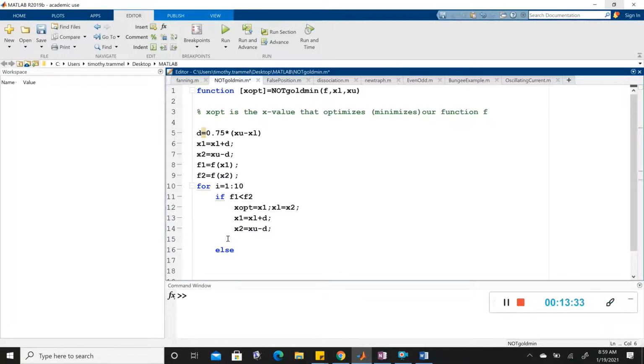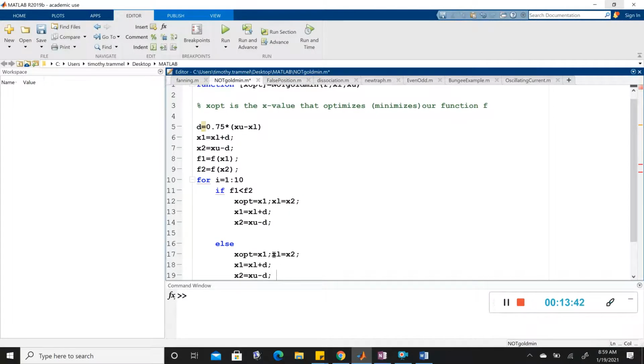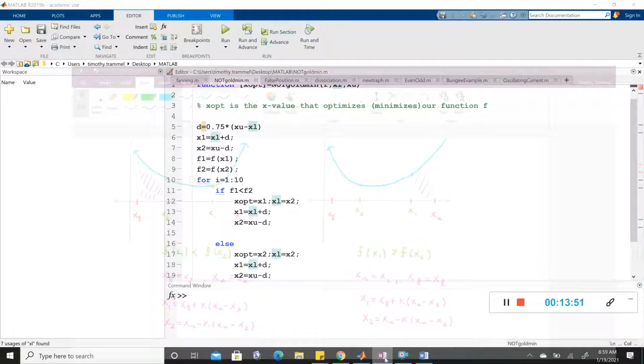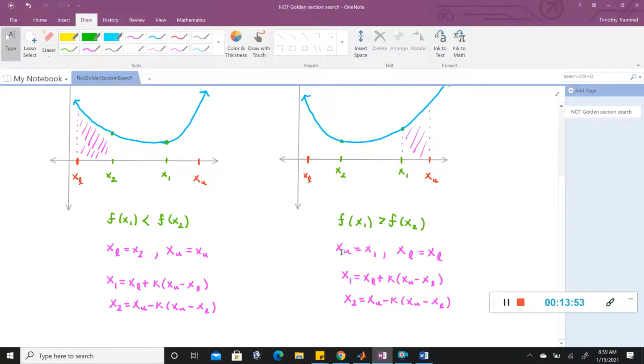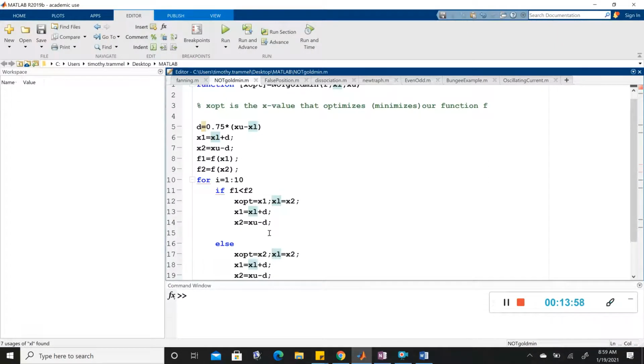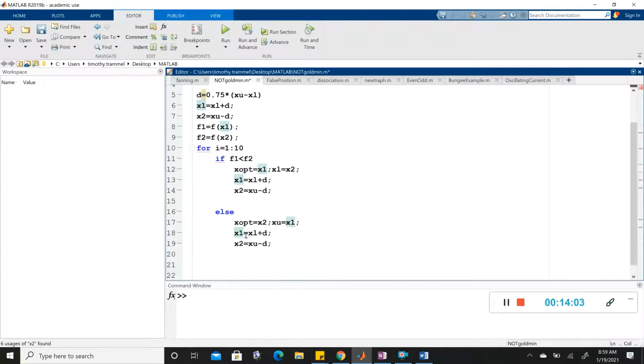Let's think about this other scenario. So if it had happened that F2 was the smaller one, we'd be switching a lot of these up. We'd be saying, hey, the optimum here is actually at x2, and we would assign, let's go over and look, over here we assigned x upper to be x1. So x upper is going to equal x1. And then we'll compute our new x1 and x2 in the same fashion.